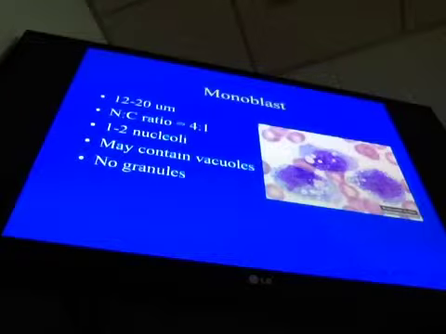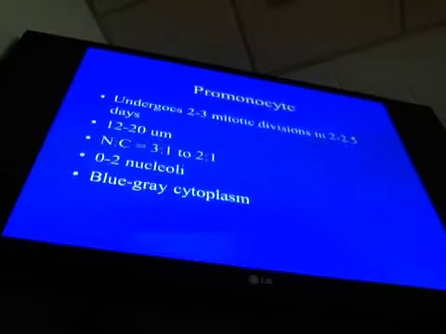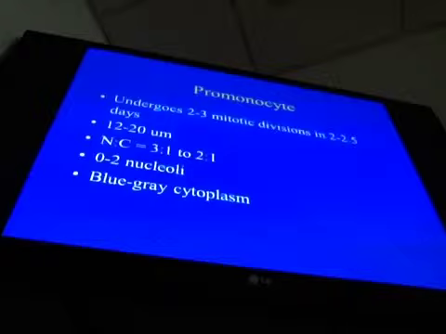Very large cell, very soft and spongy looking, really, the blast cell is. The promonocyte is a monoblast which undergoes 2 to 3 mitotic divisions, and this division time takes 2 to 2.5 days, very similar in size, similar in nucleus to cytoplasmic ratio, a little bit smaller nucleus.